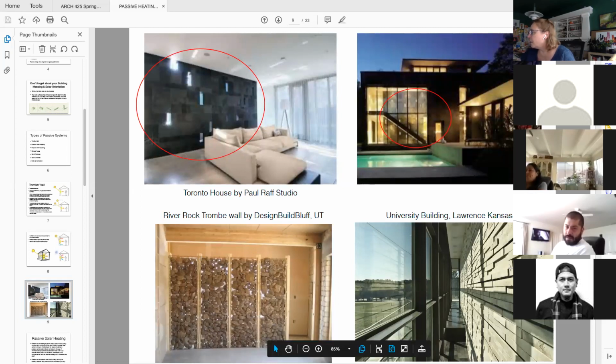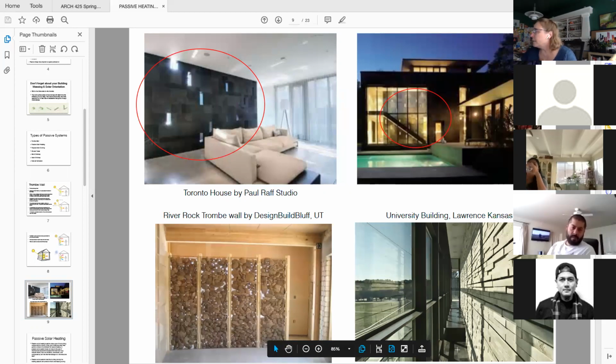Then the project on the lower right is an academic building in Kansas. I believe it was designed by BNIM. I won't swear to it though. This is the airspace in here. It is probably just over a foot wide.